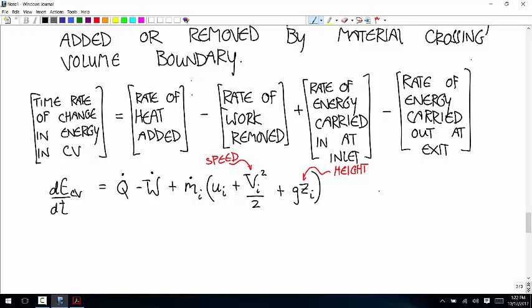And then minus m exit dot times all the same stuff. So specific internal energy at the exit plus the speed at the exit squared divided by 2 plus g times the height at the exit.